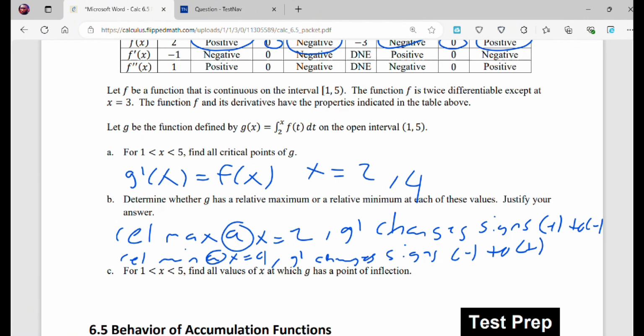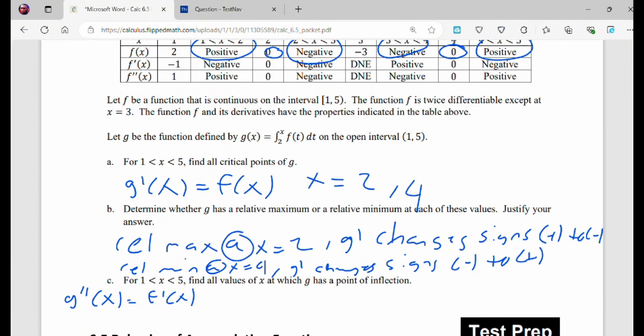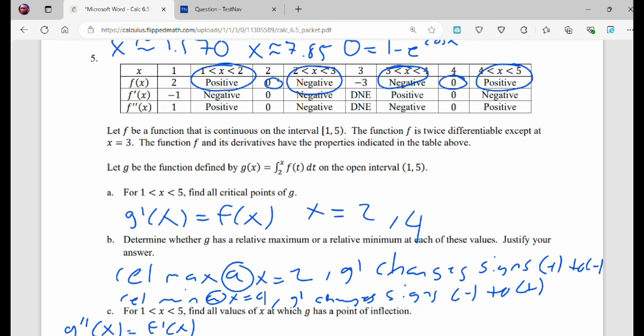inflection. G point of inflection means that g has to change signs. So g double prime, as we know, is equal to f prime. So when does f prime change signs? Okay, so we have negative here, 0, negative, so it doesn't change signs there. Negative does not exist.